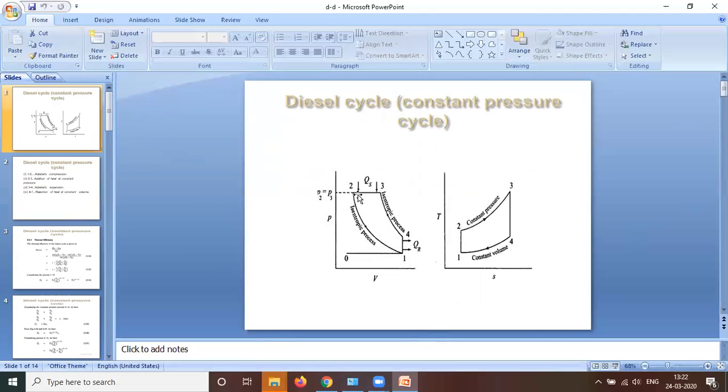Process 2-3 is constant pressure. Process 3-4 is isentropic, and 4-1 is the constant volume process. We know in a constant volume process, work done is zero. It means the work done of processes 2-3 plus 3-4 plus 4-1 plus 1-2 is W net.